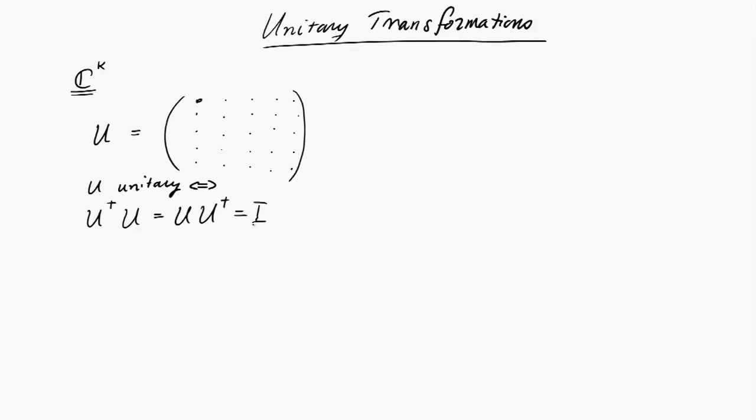So let's look at this in detail. Let's assume we are working with a 2 by 2 matrix. So U is of the form A, B, C, D. Remember, A, B, C, D are complex numbers. So what does U dagger look like? So for U dagger, you're going to take the complex conjugates of these entries.